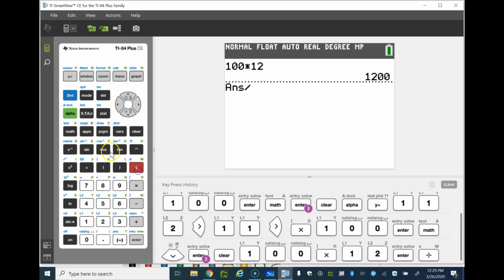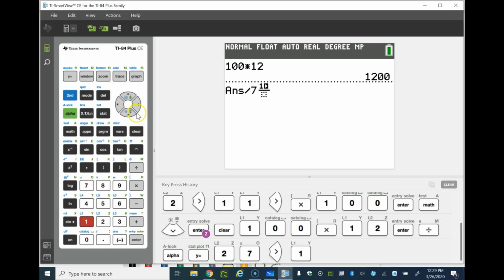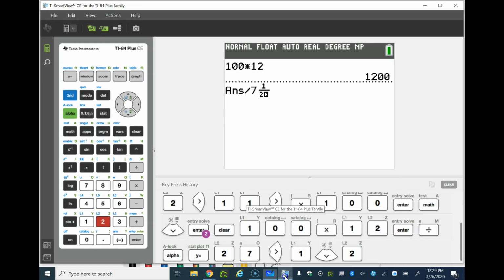And then we're going to divide it by the mixed number of 7 and 1/2. Just to be sure. Yeah. We hit enter on our calculator and we get 160.